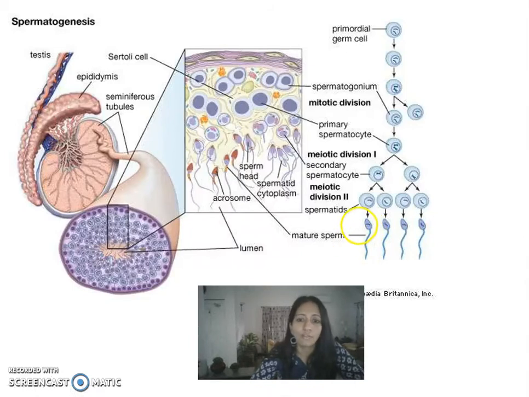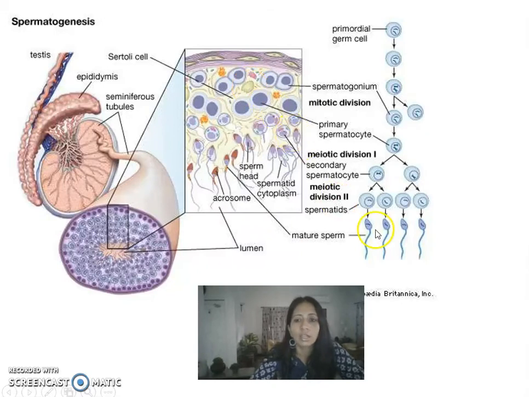Once they are formed, these sperms embed themselves in other cells present in the seminiferous tubules, known as Sertoli cells. Actually in the seminiferous tubule we have two kinds of cells. One is the sperm mother cells, which form sperm, and the other is the Sertoli cells.